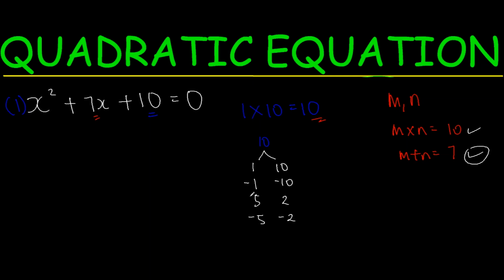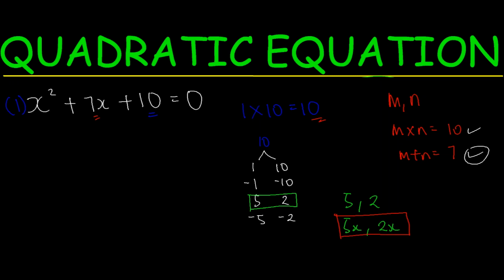So after analyzing this list, we can see that the only two numbers that satisfy these two requirements are 5 and 2. Or we can say 5x and 2x, because we will replace something in our equation with 5x and 2x.